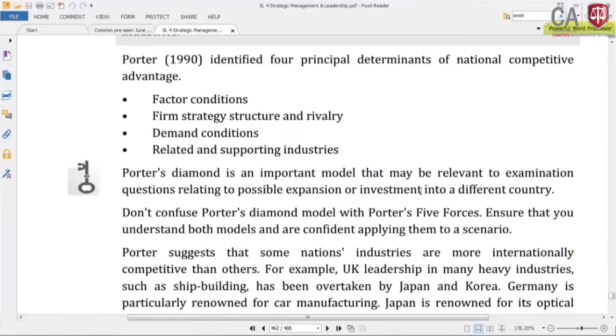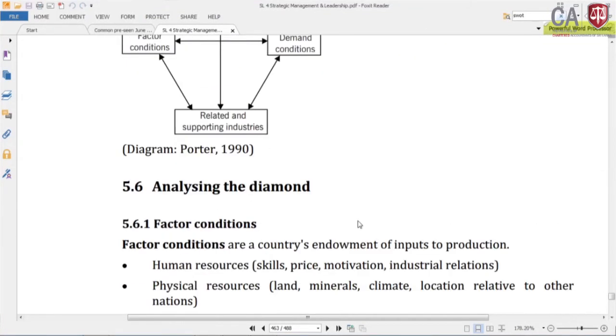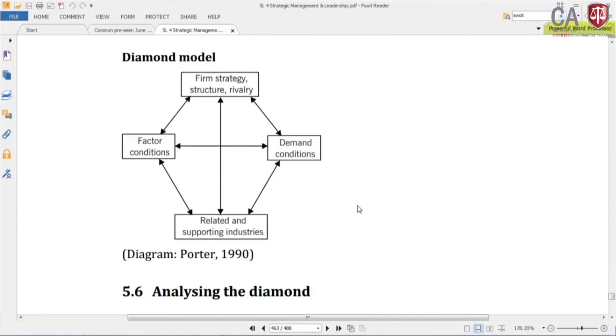There are four: factor conditions, demand conditions, firm strategy, structure and rivalry, and related and supporting industries.